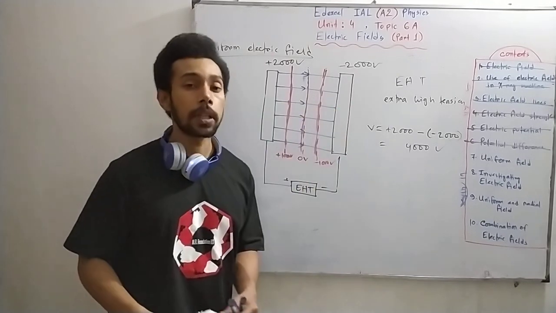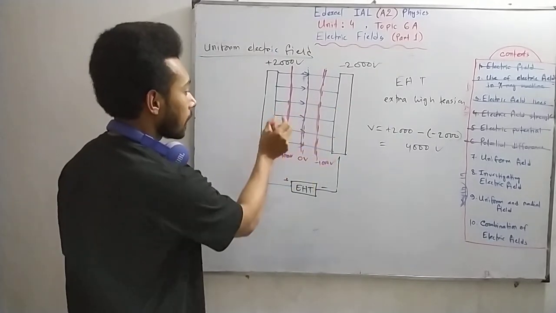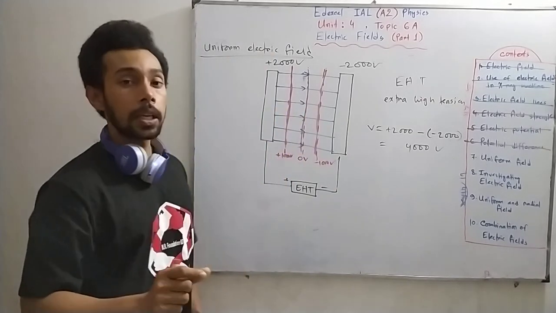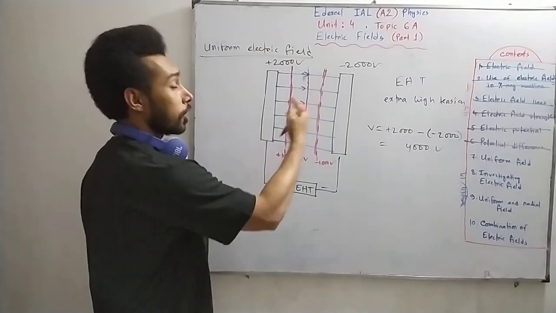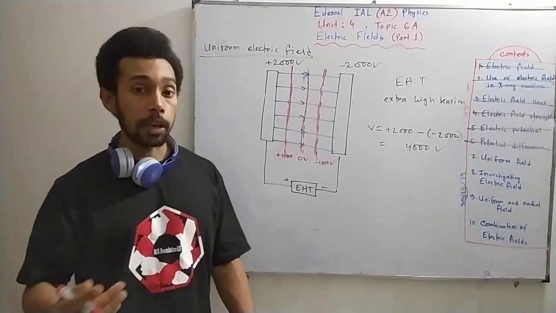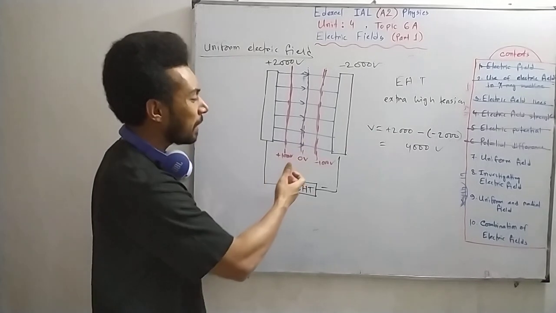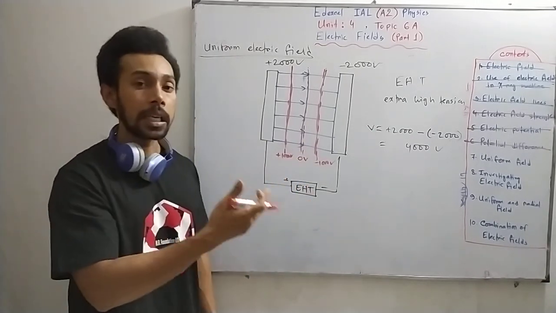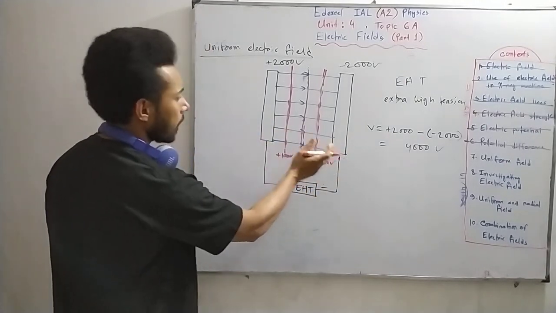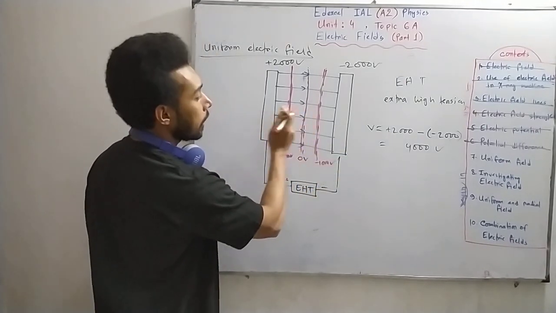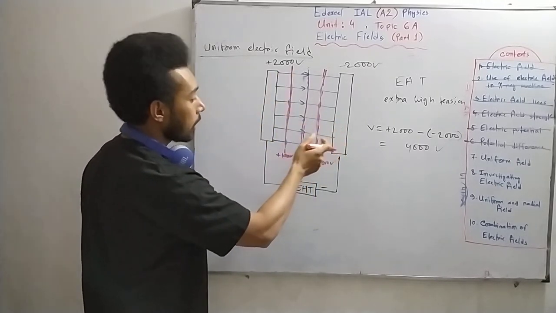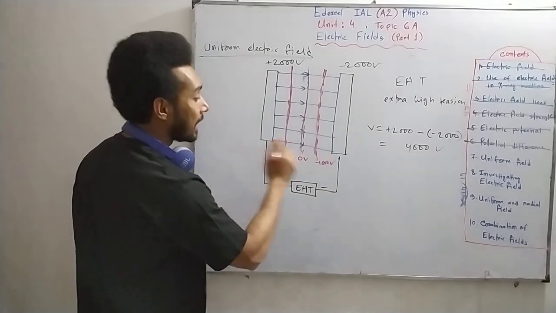And you have to remember that in a uniform field, the equipotentials are equi-spaced as well. Okay, and the equipotential actually refers to how rapidly the potential changes or varies. And in this case, the equipotentials are equi-spaced, so the potential is changing uniformly with distance.